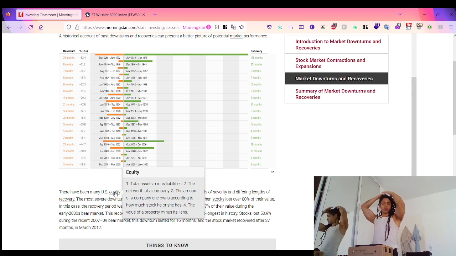So equity is the total assets minus liabilities, okay? The net worth of a company, the amount of a company one owns according to how much stock he or she has.